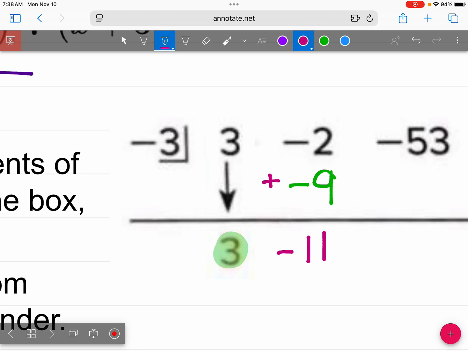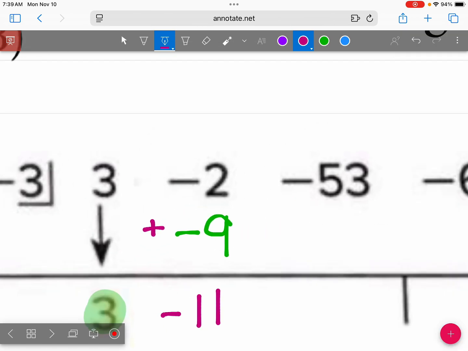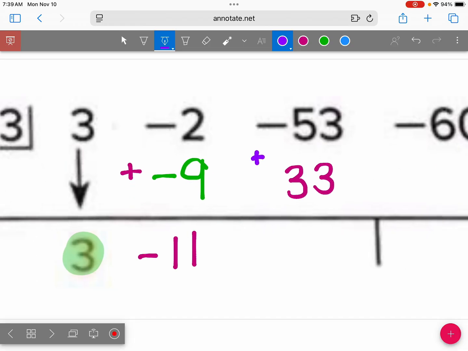Well, -11 times -3 is going to be a positive 33. Then we add. -53 plus 33 is going to give us a -20. That would be a whole nother row when it comes to long division.